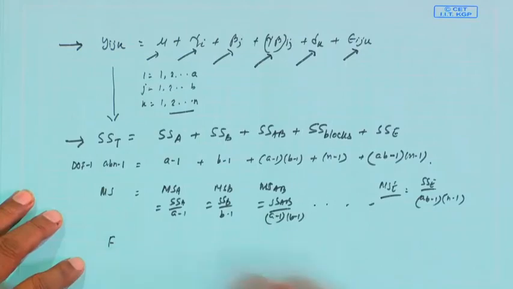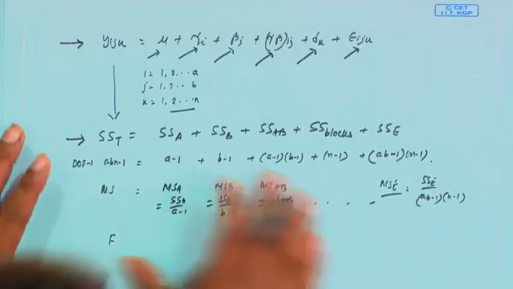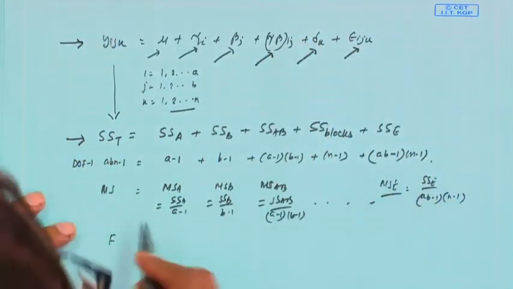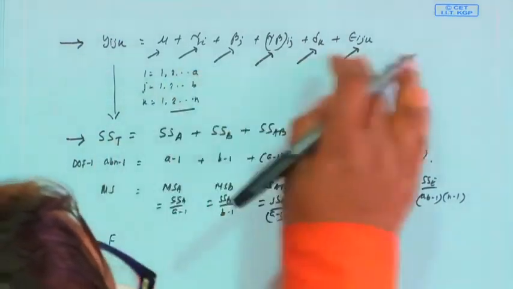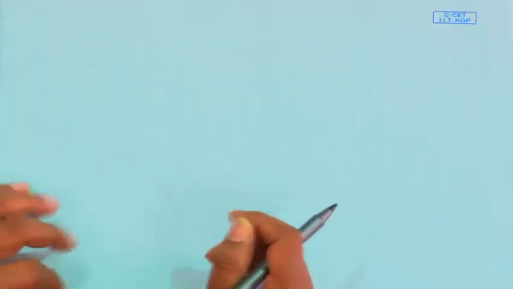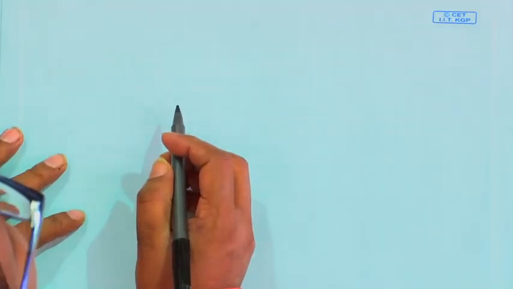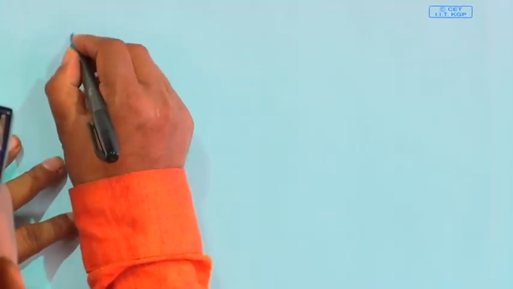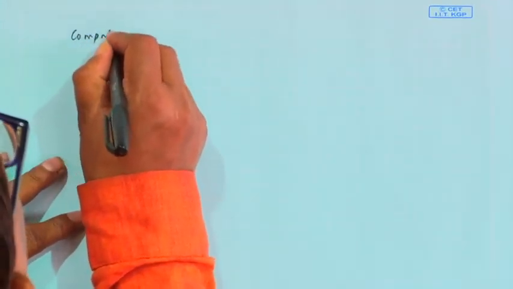Then you compute F. This is the general approach, and using F you will see whether the effects are significant or not. Now, what will be the formula for computation of the treatment effect?